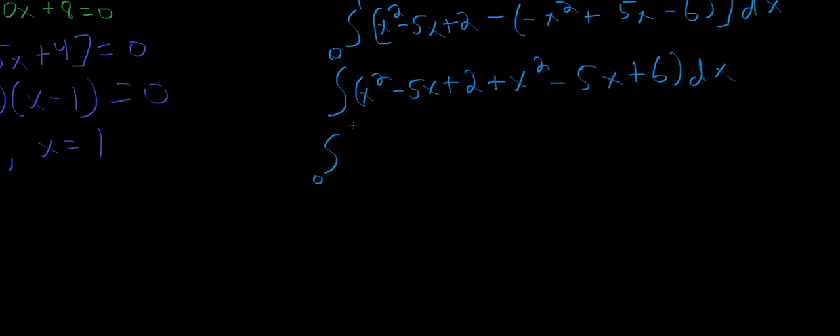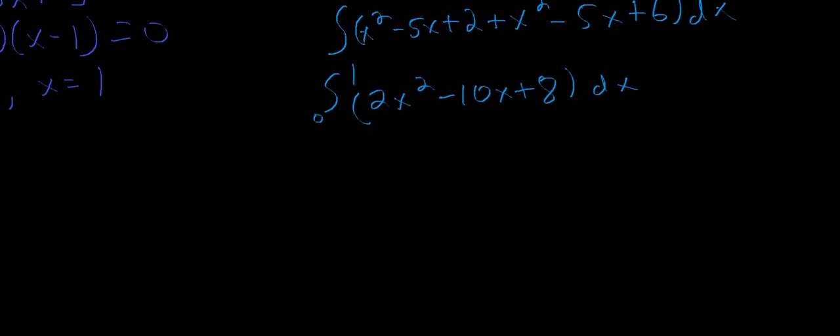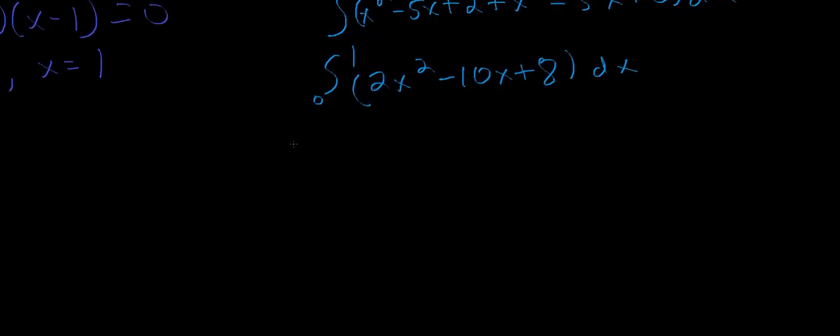Then, combining our terms, we have 2x squared minus 10x plus 8, and we can go ahead and integrate this.